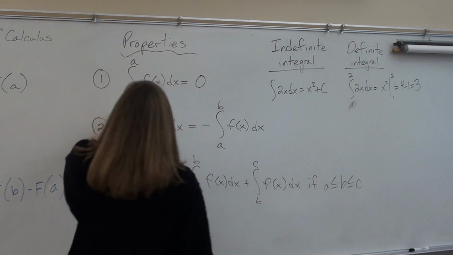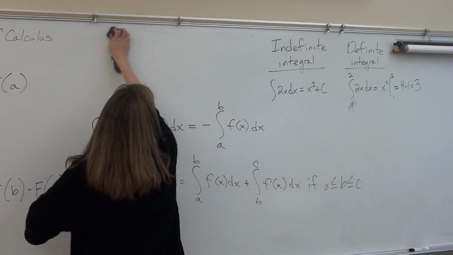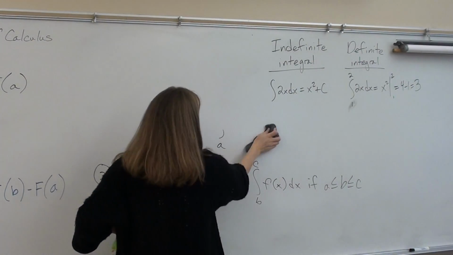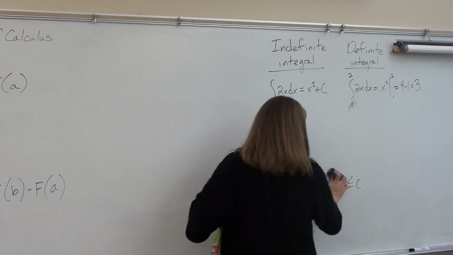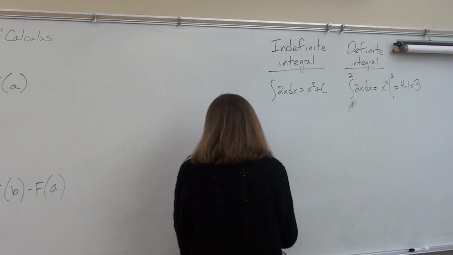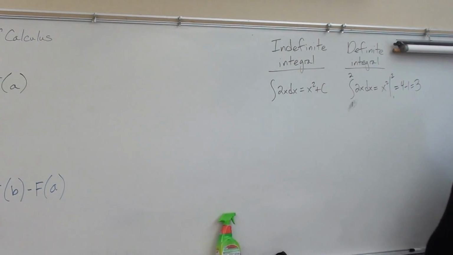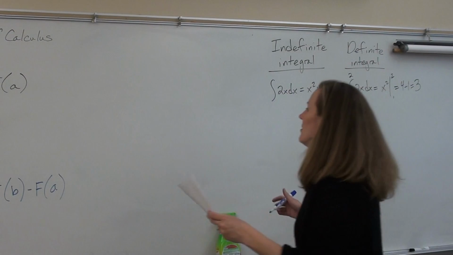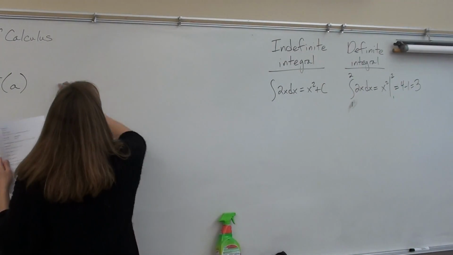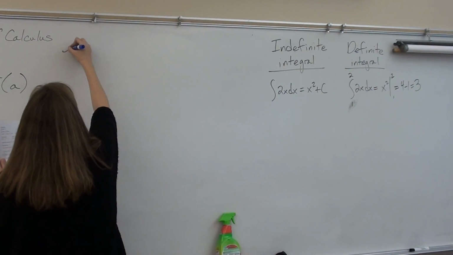Okay, so we're going to do a few examples. We're going to use these properties in order to figure out the values of some integrals. And I've decided I'm going to mix up the problem and make it a little bit trickier than what I did first period, just because I can.